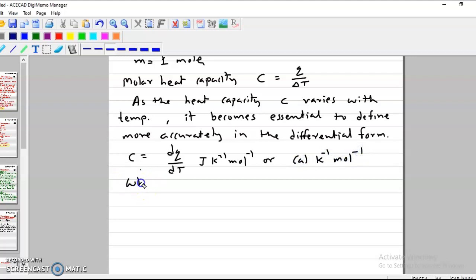where delta or d represents the inexactness of the heat quantity. Inexactness of the heat quantity.